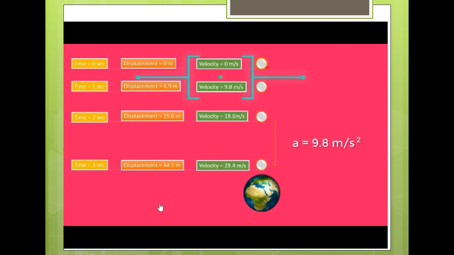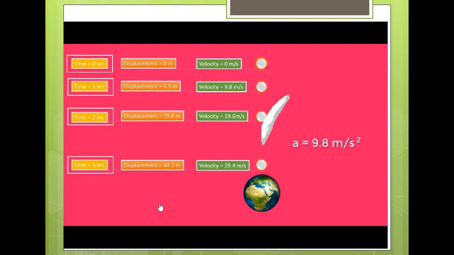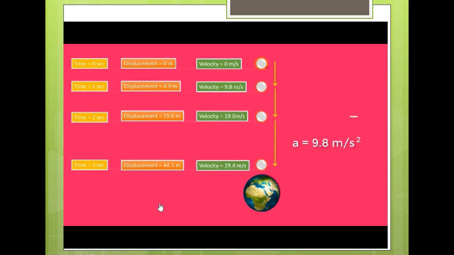Thus, I say that the rate of change of our velocity in every second is 9.8 meter per second. Or I say that our velocity is constantly increasing by an amount of 9.8 meter per second. Hence, we get constant acceleration 9.8 meter per second square.